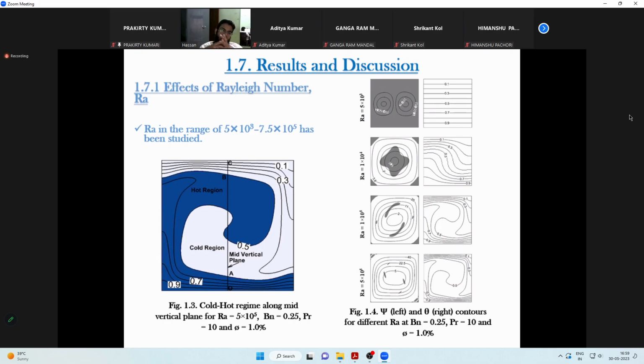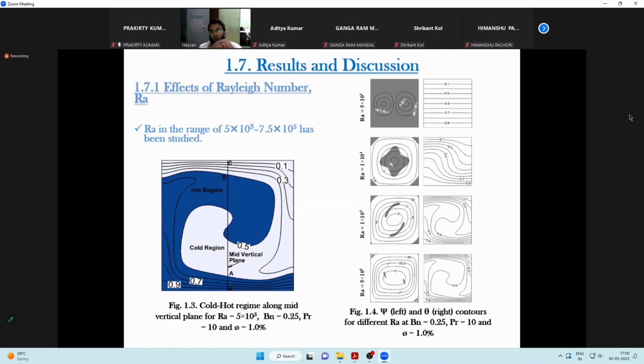The bottom wall is significantly covered with the hot fluid, whereas the top wall is significantly covered with a cold fluid. The reason is quite simple: because of the presence of the thermally active surface at the top and bottom, this behavior is obtained. The hot fluid goes up, and henceforth the hot fluid takes a C kind of pattern, whereas the cold fluid shows an inverted C kind of pattern.